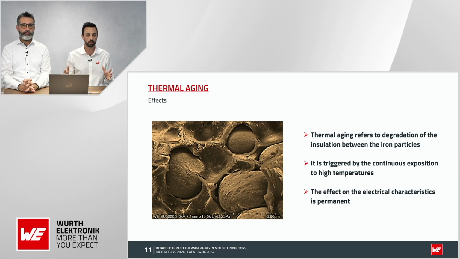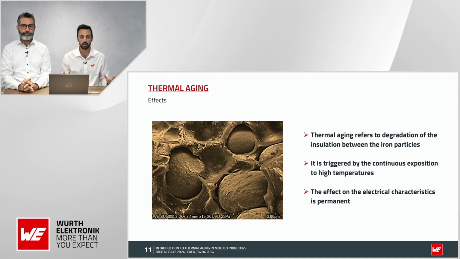After exposing this component to high temperatures over long periods of time, the insulation we have grown over the surface of every single particle gets degraded, and the insulation between particles is broken, and these currents are able to flow through all of them, or through a bigger portion of them, over time.